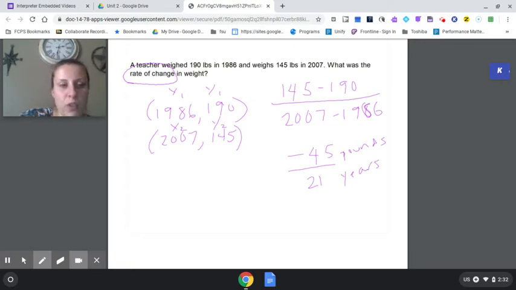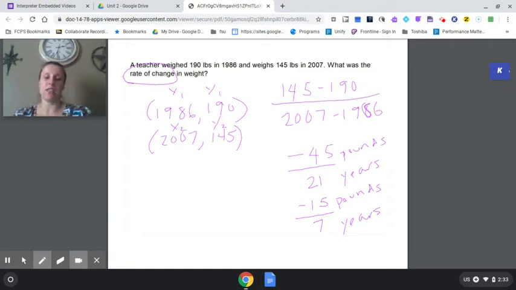Now, we could reduce that. I think they're both divisible by 3. So if I divide them both by 3, that would be negative 15 pounds every 7 years. And again, I could go ahead and divide negative 15 divided by 7. That's going to be just a hair over 2.